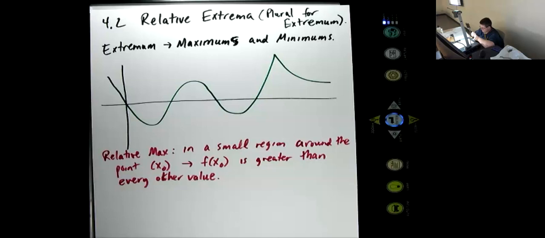So we're looking at small regions of the graph where things change, where things have a maximum value and a minimum value.